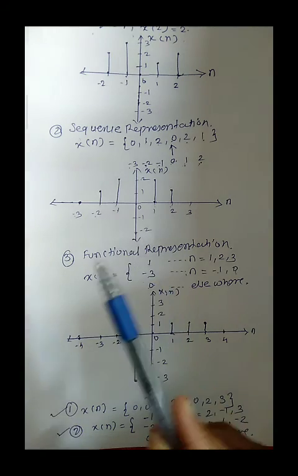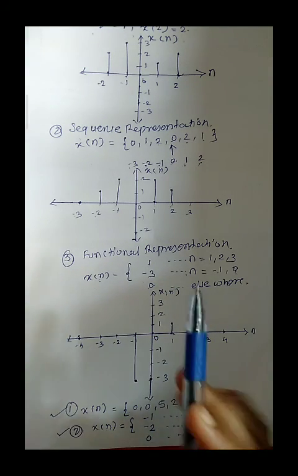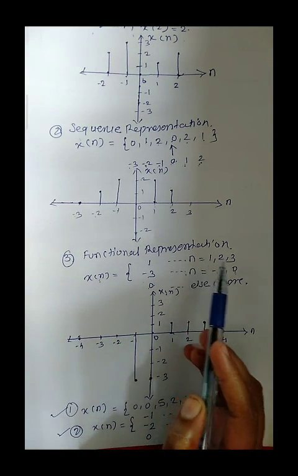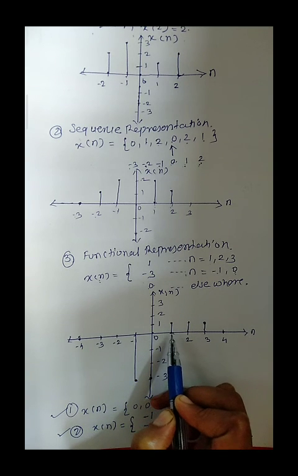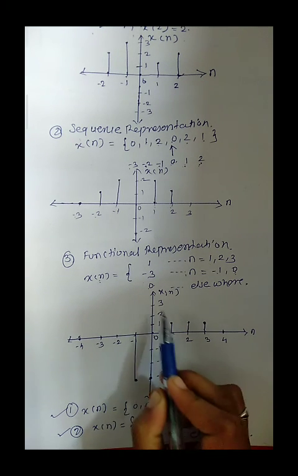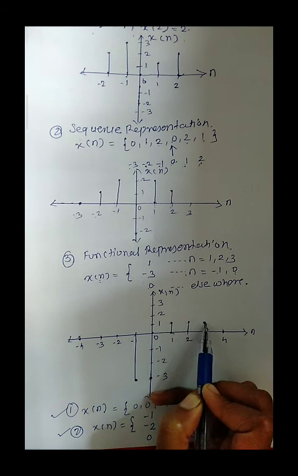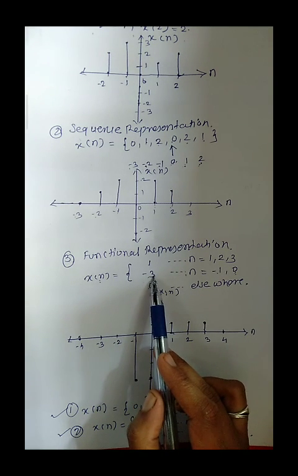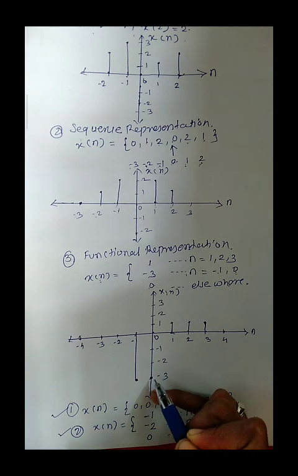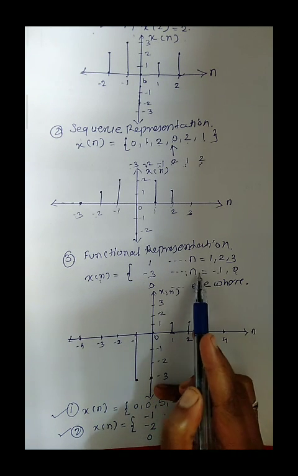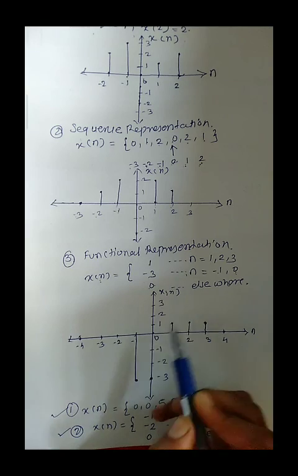So first, x of n is 1 for n equal to 1, 2, 3. For the values of n 1, 2, 3, the value of x of n is 1. This is 1, 1, 1. Next, the value of x of n is minus 3 for n belongs to minus 1 and 0.